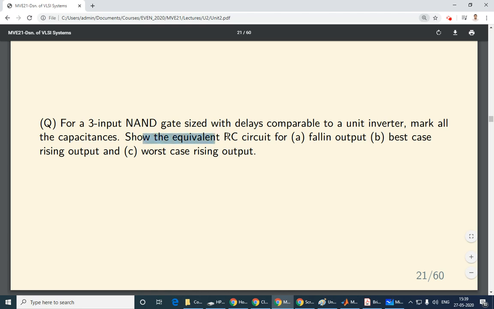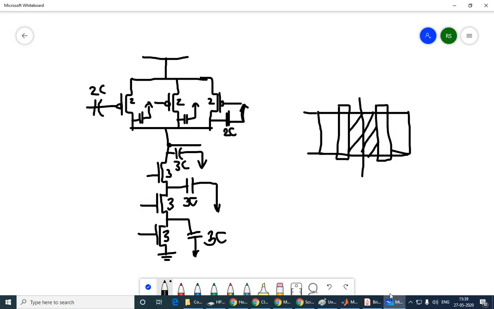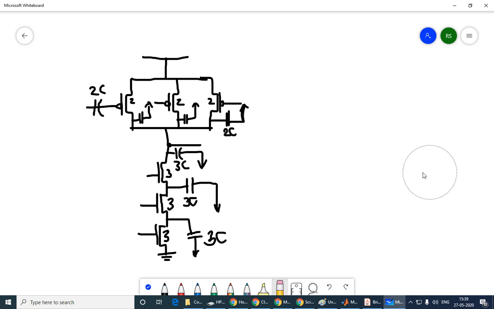Mark all the capacitances. Show the equivalent RC circuit for falling output. First, let us do the falling output. So we'll go back to this diagram, and we'll erase this part because we just want the falling. Falling means the output is going to 0.